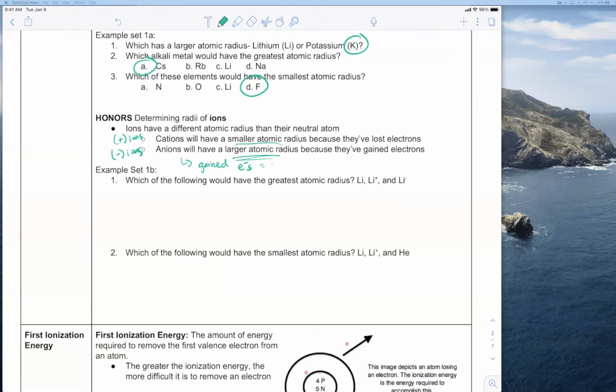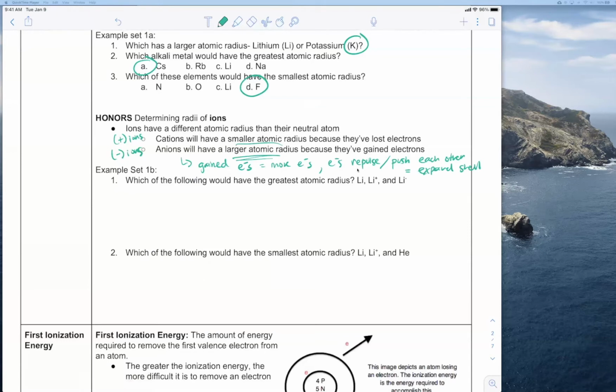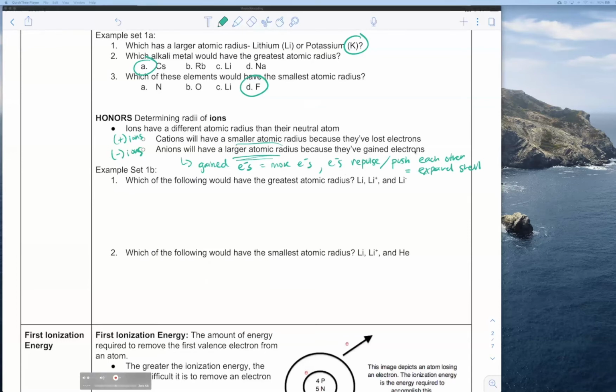And if you have more electrons, then your electrons are going to repulse or push each other away, which would in turn expand your shell. So if you add more electrons, then you have more electrons repulsing or pushing each other. And that should mean your shell should get bigger in a lot of the cases.